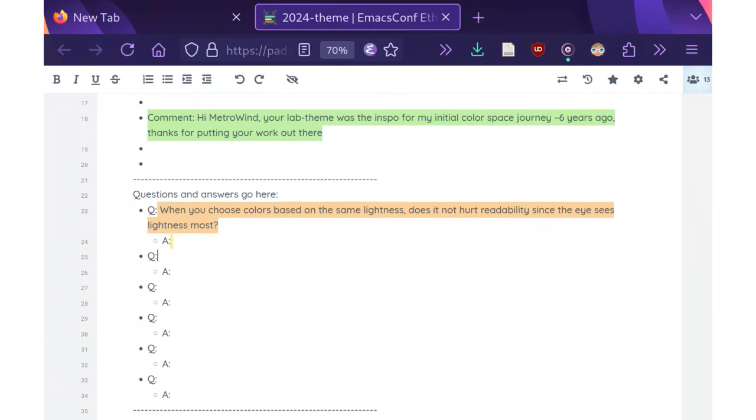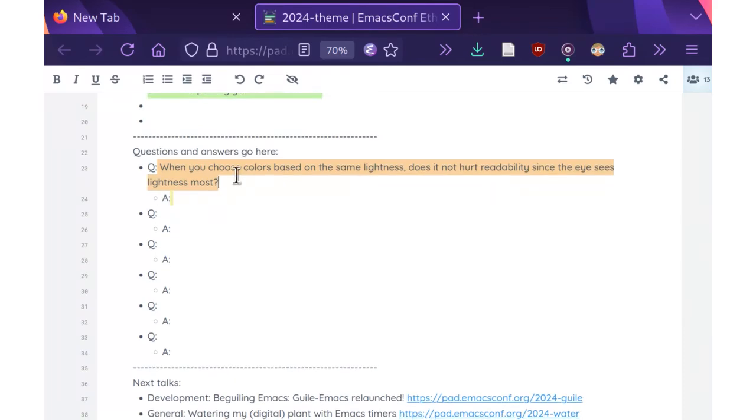So one question is, so I assume this is a question on the lab space where all the colors are the same lightness. Does it hurt readability? So far, I find it to be okay. For the lab theme, I picked the colors manually, so I could just pick an angle essentially so that no colors are similar.